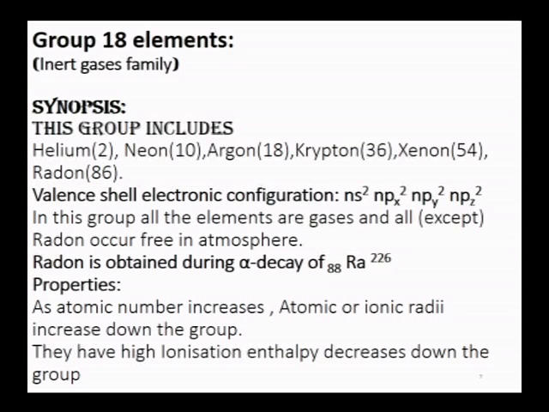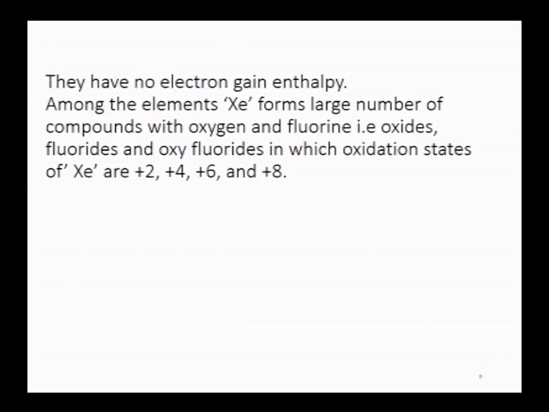Regarding properties, as the atomic number increases, atomic or ionic radii increases down the group, that is atomic size increases. They have high ionization enthalpy, which decreases down the group. To remove an electron, it needs high ionization energy.